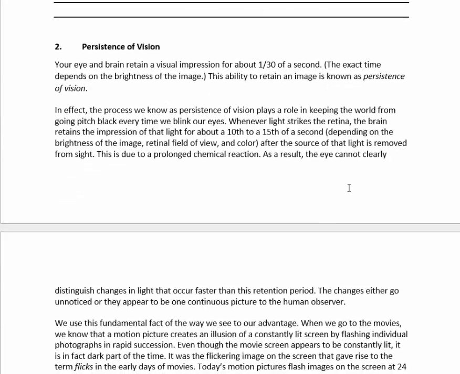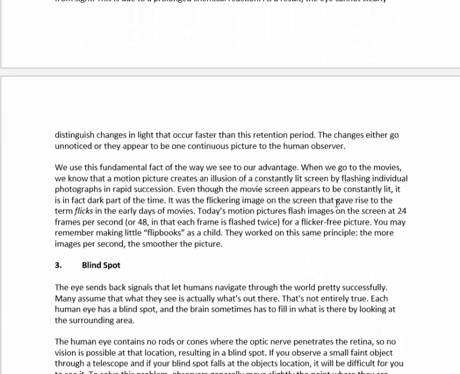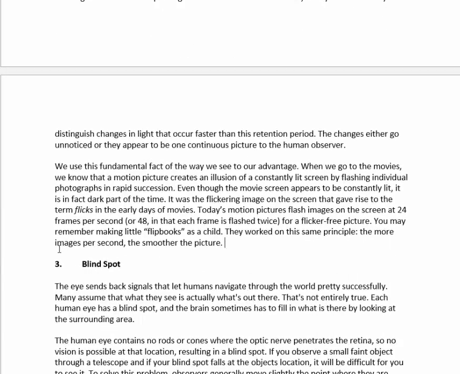Now, practice it by looking at a bright object for about half a minute, and then look at a white screen or something and see how long you can actually see that image persisting. And make a note at the end of this, your experience. Write a sentence or two, writing down your experiences.